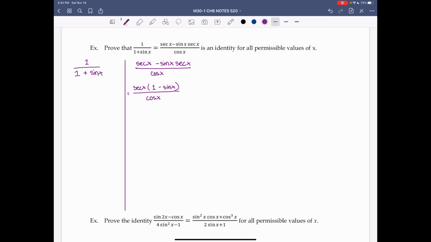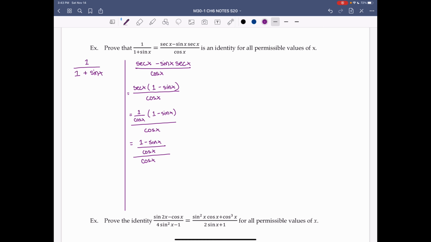Then secant x is a reciprocal trig function, so I can write that as 1 over cos x times 1 minus sine x, all divided by cos x. I can write the top as one fraction: 1 times 1 minus sine x is 1 minus sine x over cos x, and all of that over cos x.